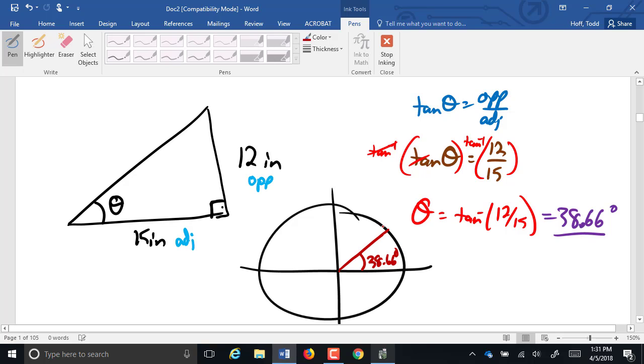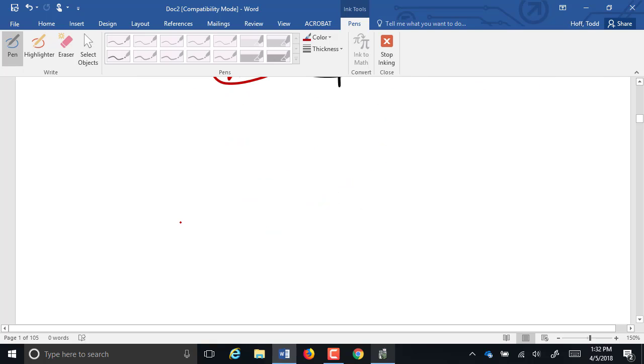Where else is the tangent positive? Over here, right? So that reference angle would have to be 38.66. That would be 218.66 degrees. Can that angle ever occur in a triangle? No, it cannot. So we don't have to worry about the tangent.